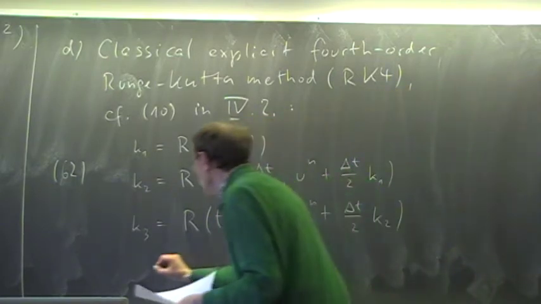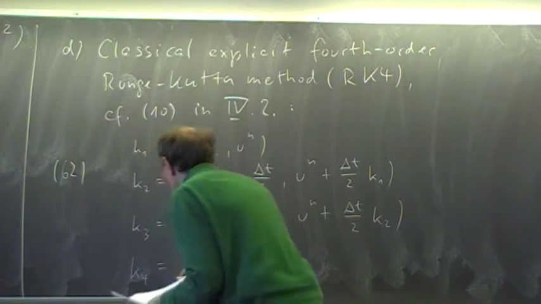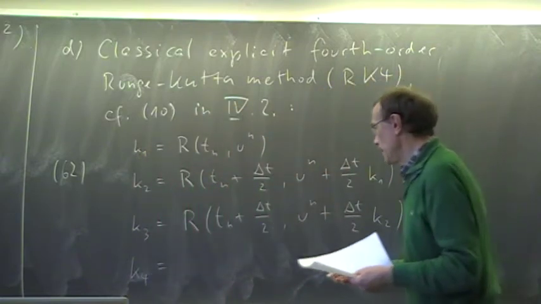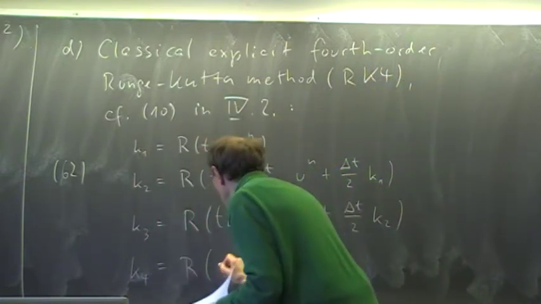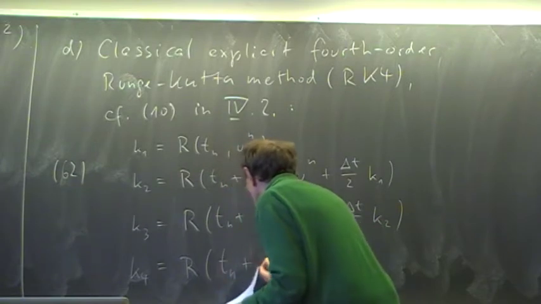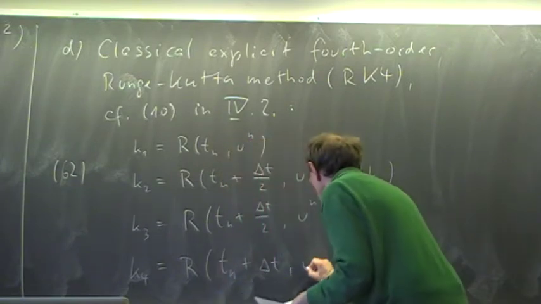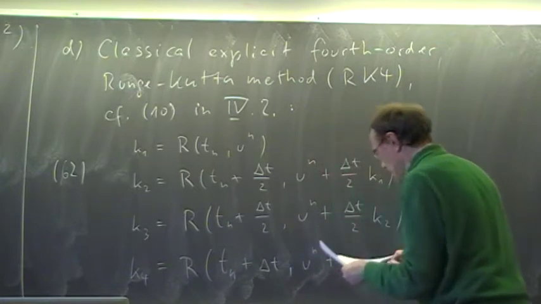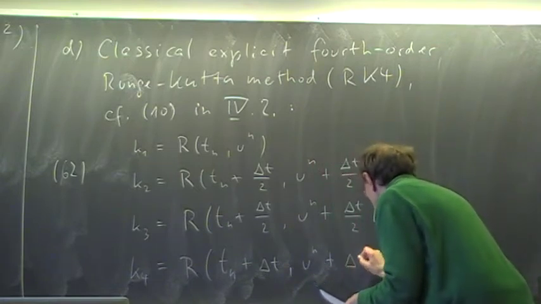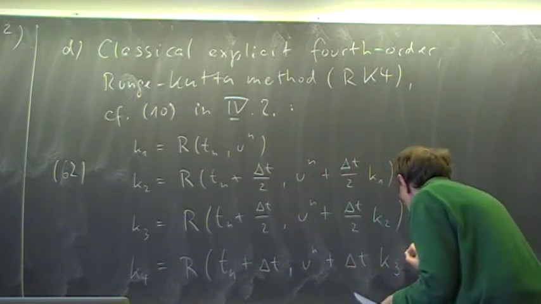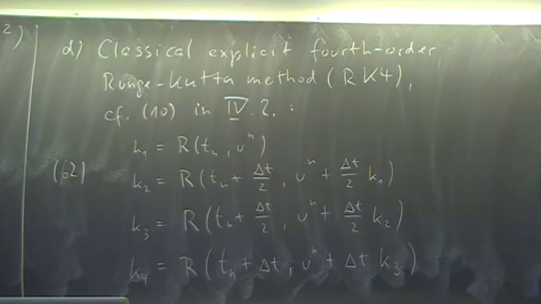And finally, also the K4, the slope in time, is the residual computed now at Tn plus delta T, with Un plus delta T times K3. So when you have this function r, you just call it 4 times with these different arguments.